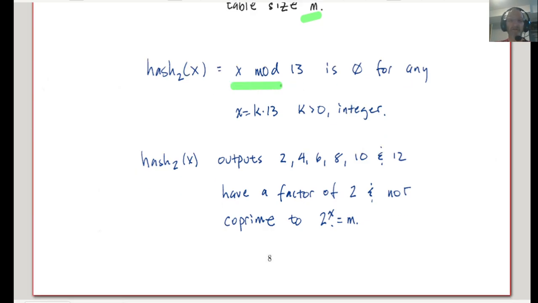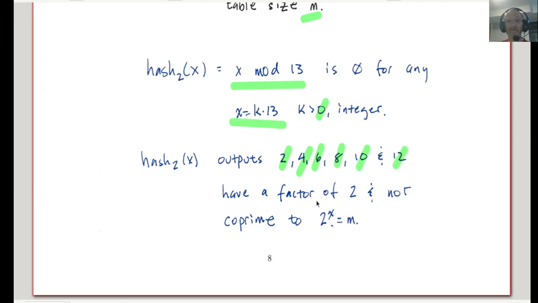Because this expression can be 0 for any multiple of 13 as the input. So we don't want that to be the case, and this is a bad hash2 function. Additionally, what range will the outputs have? Well, x mod 13 has the range 0 to 12. We know that 0 is bad, but we'll also have all these even numbers in its output.